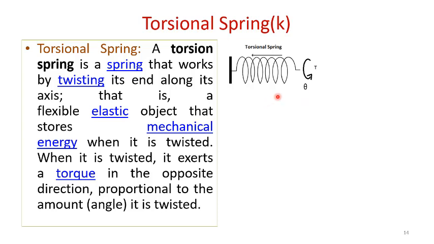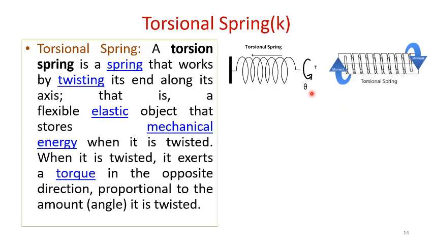Specifically, in the case of a torsional spring, that is represented by theta, and for restoring it back in the opposite direction, there will be a twist that will be proportional to the rate at which the angle has been twisted. That one we represent as Tk. So the moment which is going to act at the end of the twist is represented here.